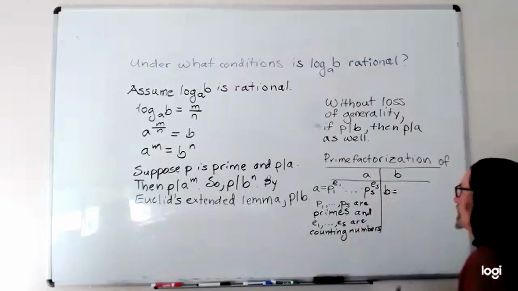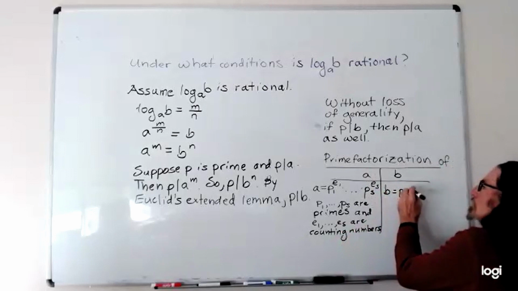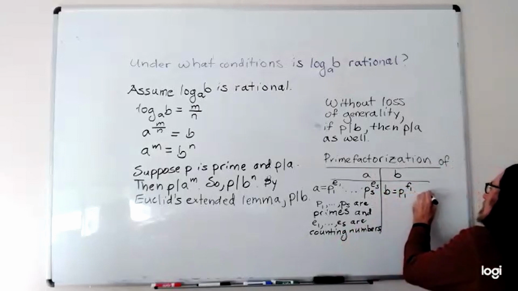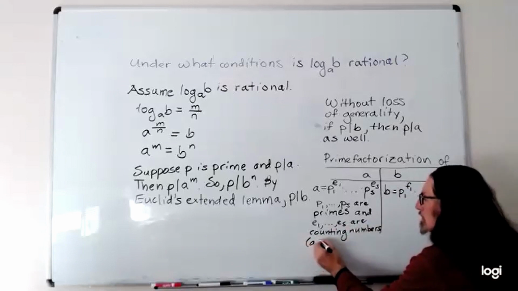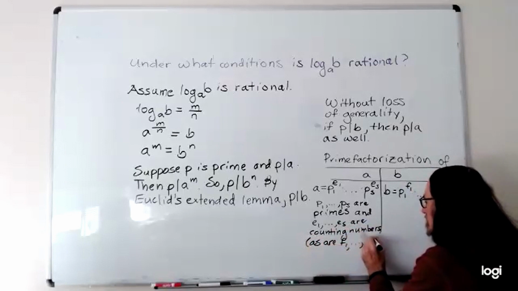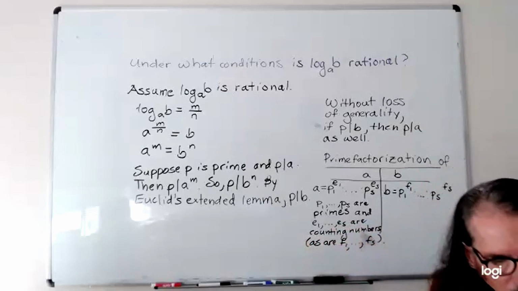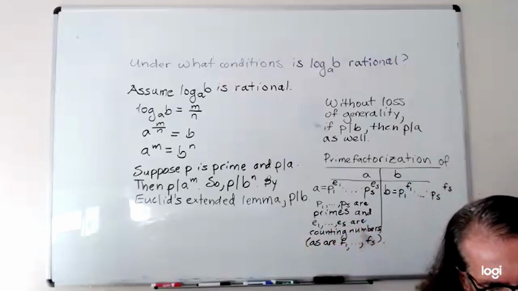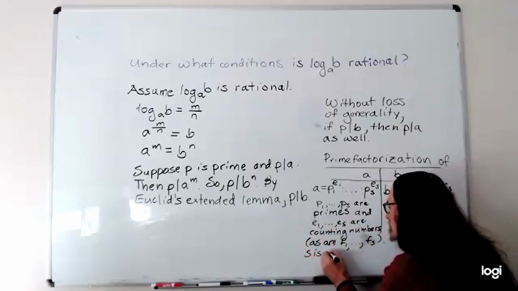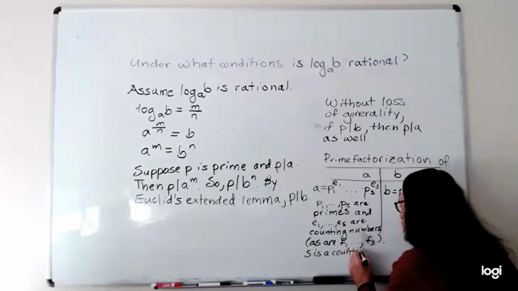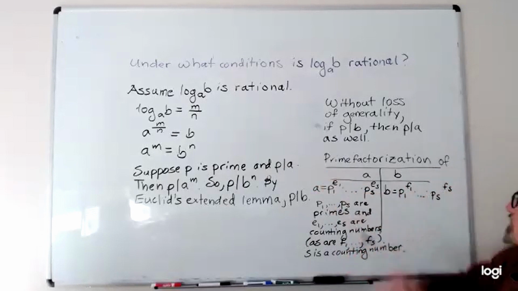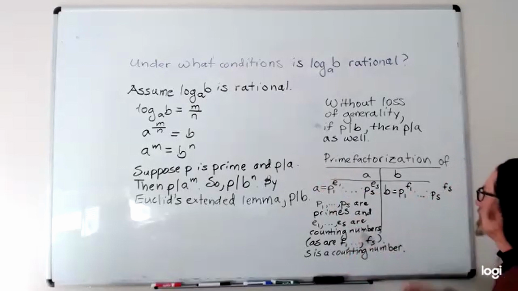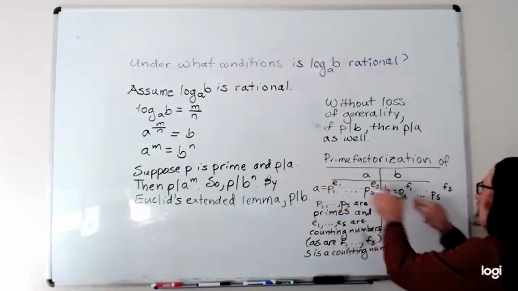What may differ is the exponents. Also, s is a counting number. Because we have a to the m equals b to the n, we're going to raise this to the nth power and this to the nth power.